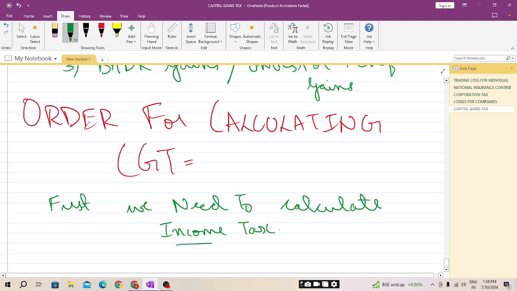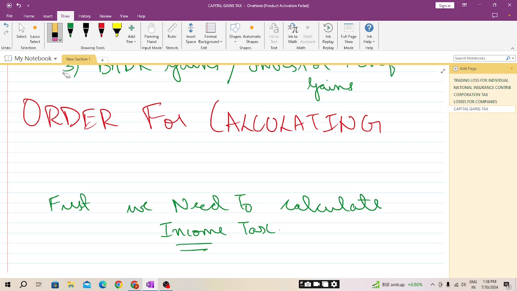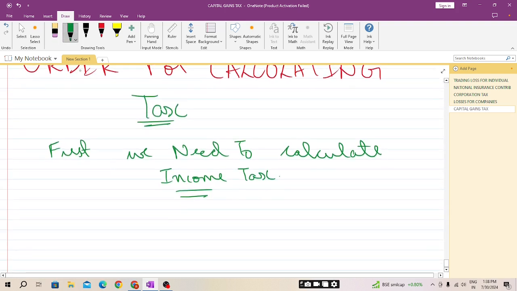So first we need to calculate the income tax, students. I hope this point is clear. Then the order for calculating tax: first we need to calculate the income tax.